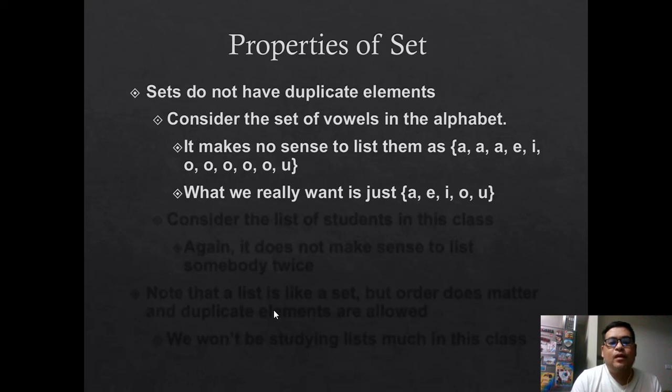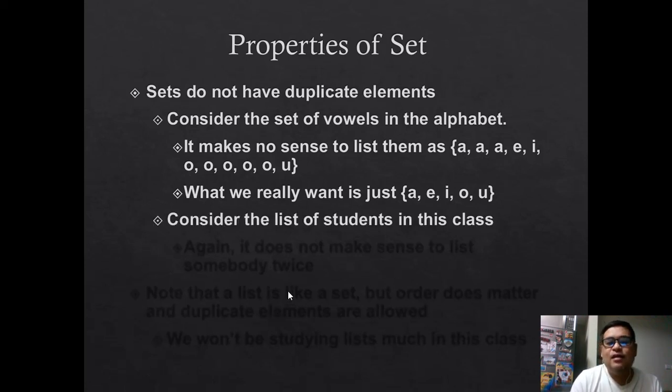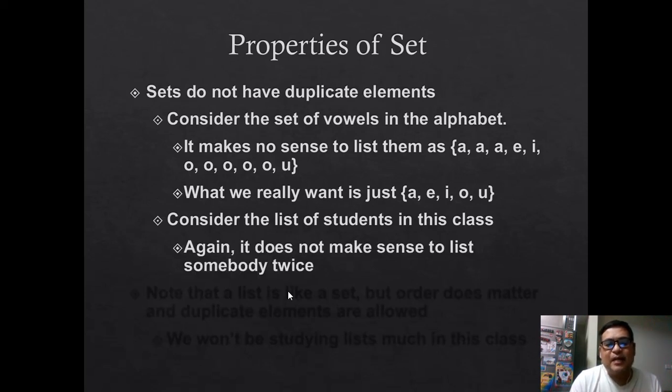They are counted as one. And of course, we have to consider the list of students in the class. Again, it does not make sense to list somebody twice, except if they have the same first name but different surname, or the same first name and surname but a different middle initial, so they are still different.